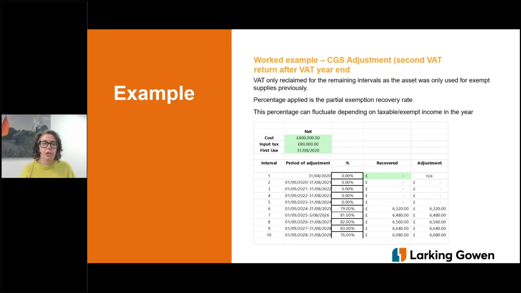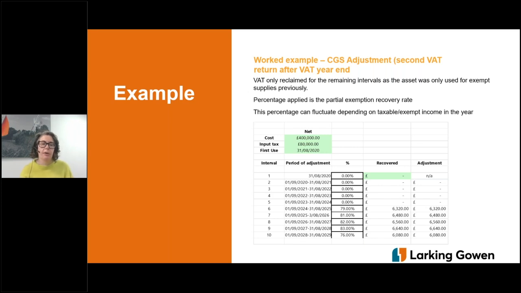And because there's mixed use in this property, it's got to be treated as residual, and therefore we can recover 79% of 1/10 of the VAT we originally incurred on that building, which is £6,320 here. And that additional VAT recovery gets reported in the second VAT return after the August VAT year end.